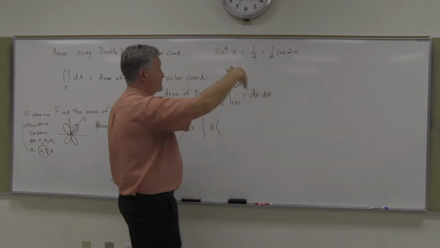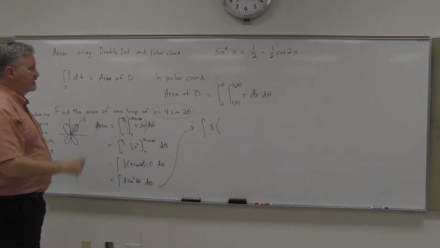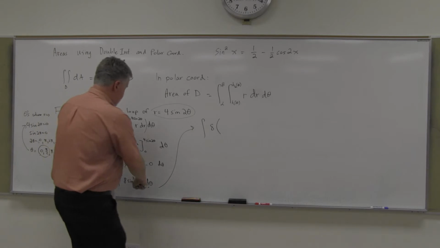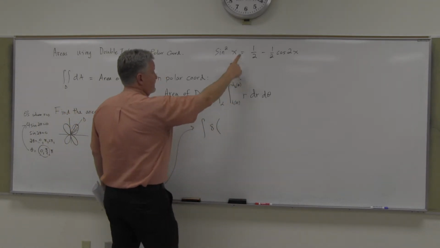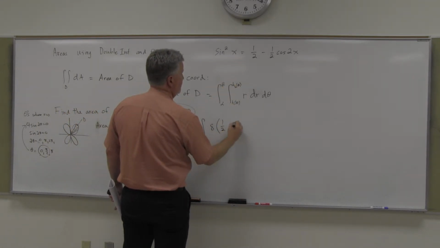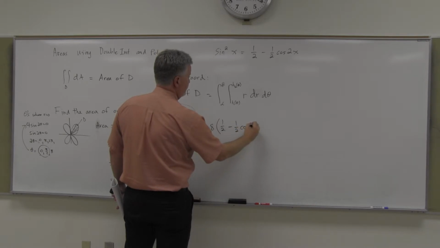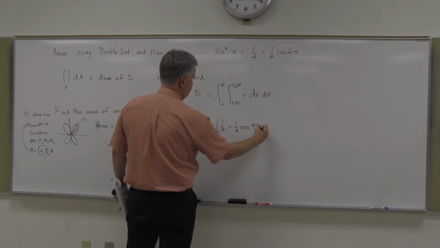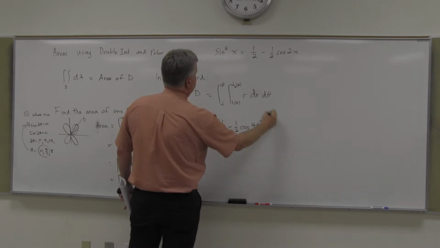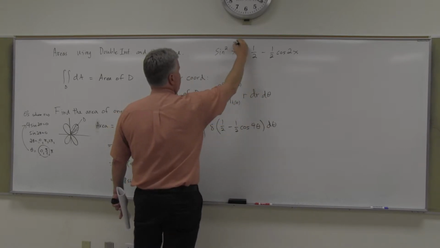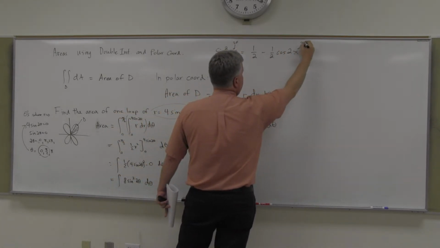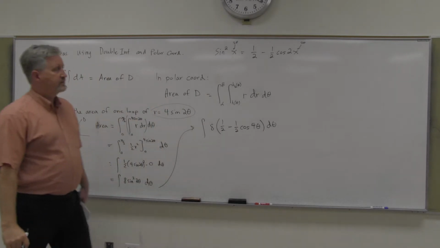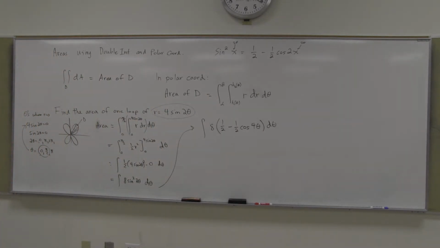Remember, cosine squared was 1/2 plus 1/2 cosine 2x. So in this case, for x I've got 2 theta, and so it would be 1/2 minus 1/2 cosine 4 theta, because my x is 2 theta, and 2 times 2 theta is 4 theta. Been a while. Remember doing that though, hopefully.